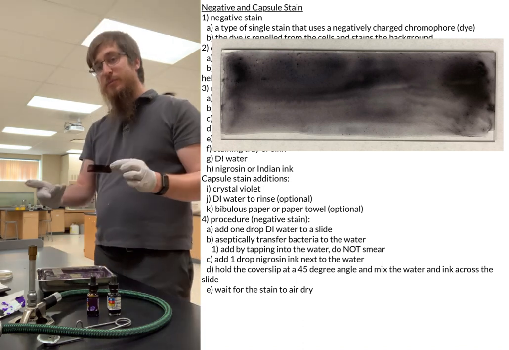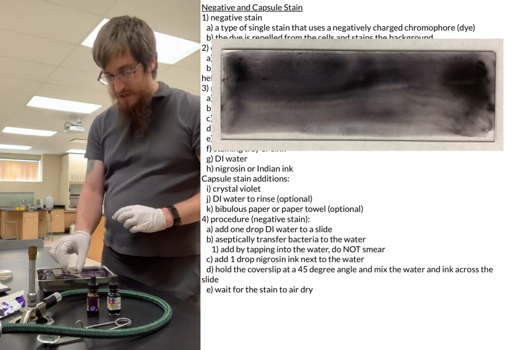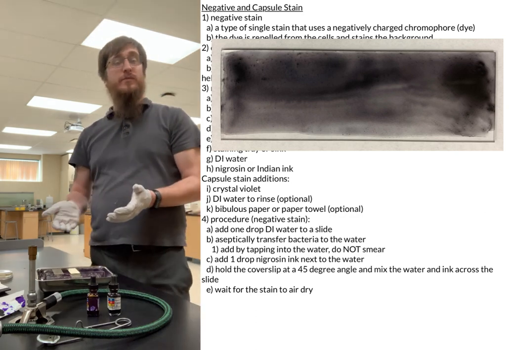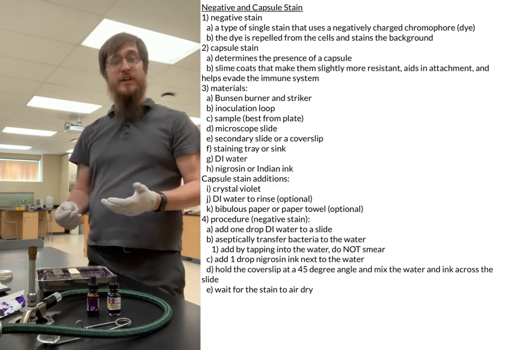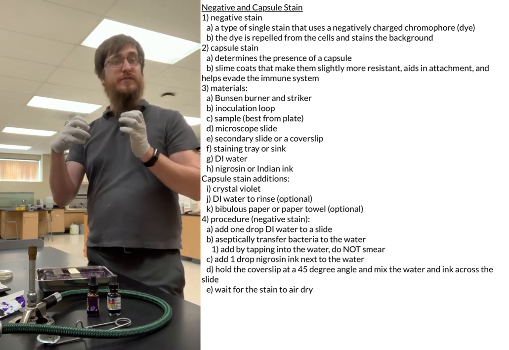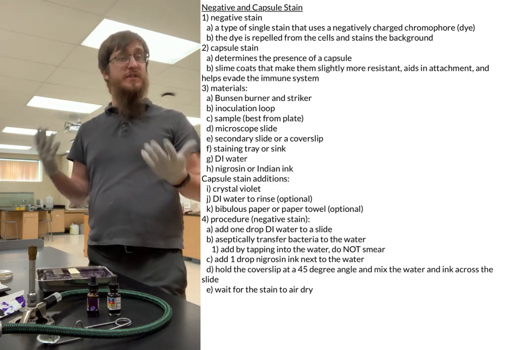Either way, these are perfectly fine for a negative stain, and at this point we would be able to look at these under oil immersion for things like morphology or different types of arrangements that we might see for specific microbes.